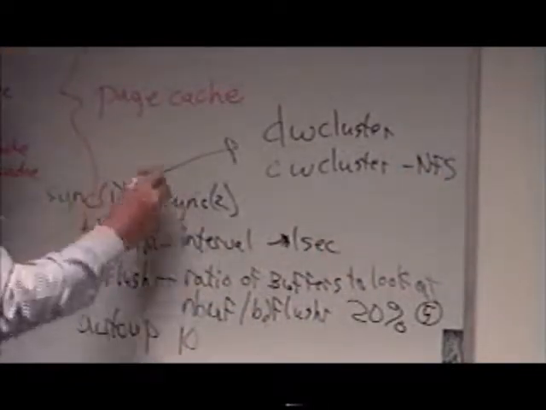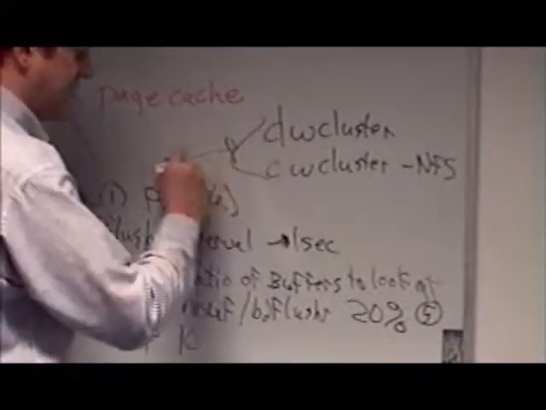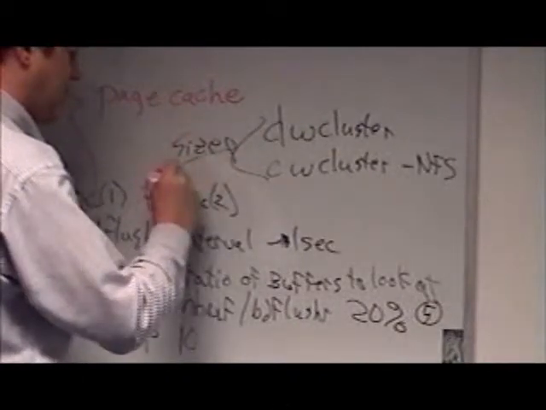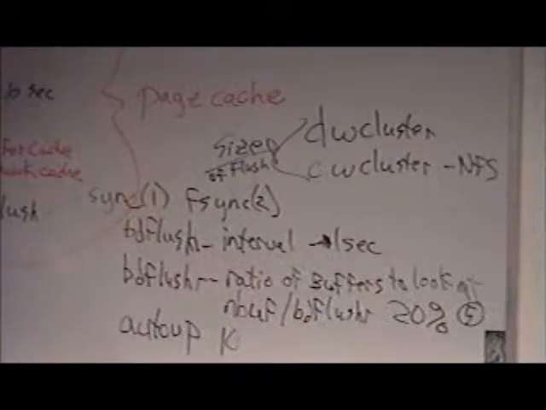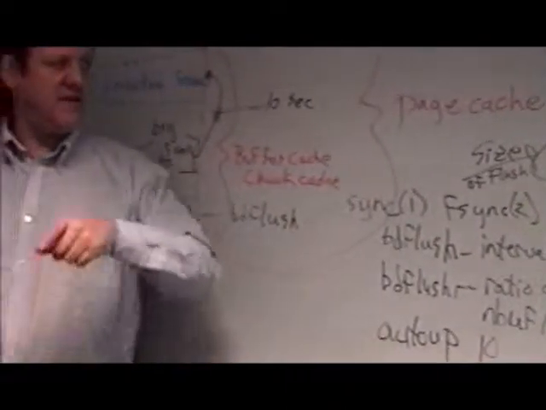When I do the sync, when I do the flush, that is the size of the flush. I'm going to try to cluster my pages together. Now if I can't make a cluster, I'm still going to do the flush. But I'm going to try to group these things together, and that's the request size story. If I'm striping, I'd like to up my DW cluster.